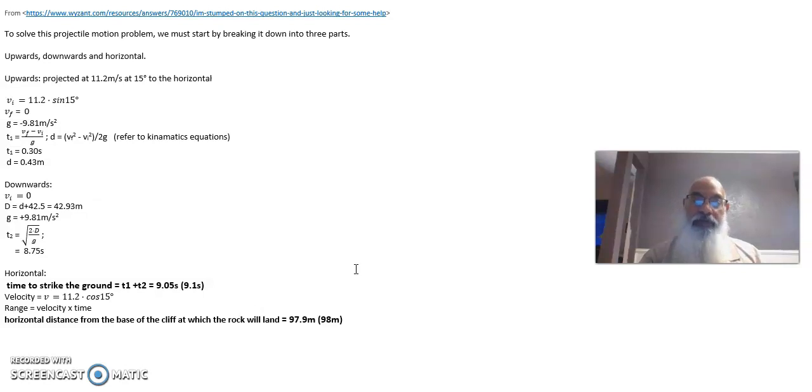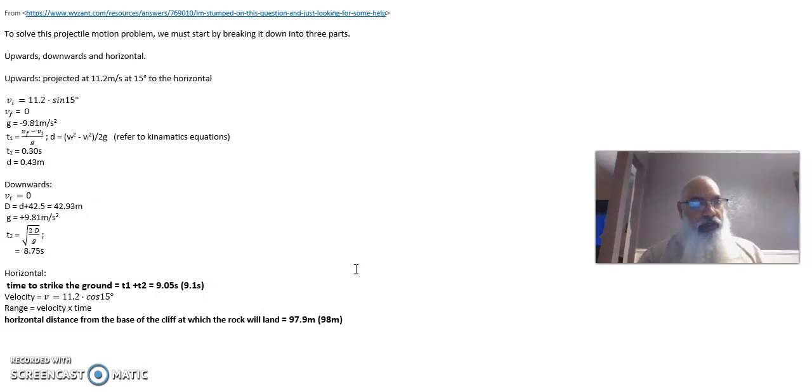And then because the cliff is 42.5 meters high, the total distance it will fall from its highest point of flight is 42.93 meters. G this time is positive because the velocity is increasing, and it's 9.81 meters per second squared.